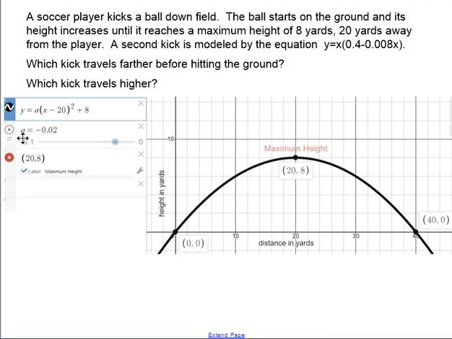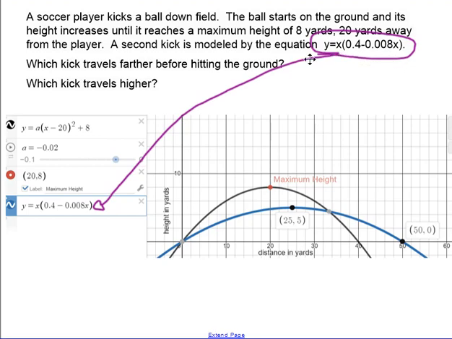So we have right here, when we set a equal to negative 0.02 using the slider, just playing with it, we intercept the y-axis and x-axis at the origin right here at 0, 0 for distance and height, go up to a maximum height of 8, and come down, and we do indeed hit the ground. The ball does indeed hit the ground at 40 yards away from where we kicked it.